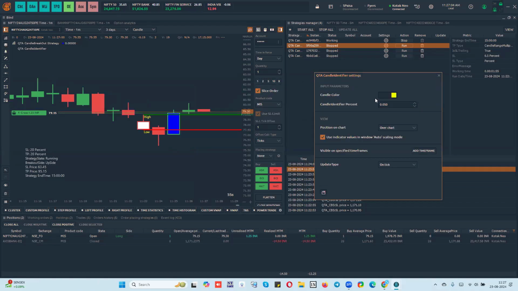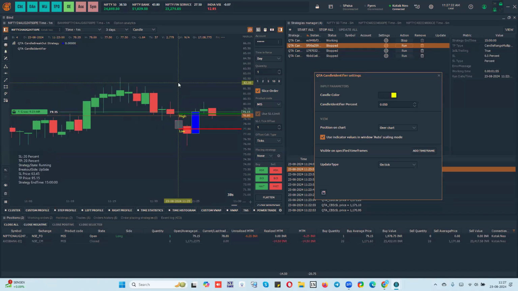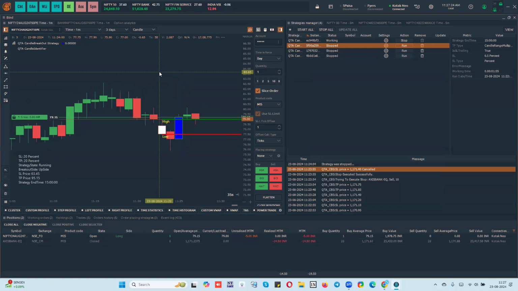This way you will be able to look at a very small candle and do a breakout trade based on that. The market has to move in either direction at any given point of time, so selecting a very small candle can provide a very good risk reward for this strategy.